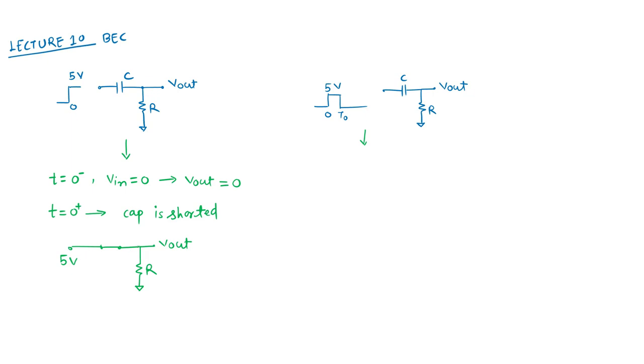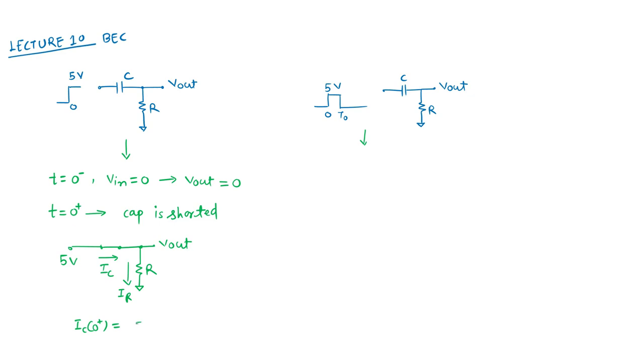Okay. So this 5 volt is directly coming to the output, and the current in the capacitor, or I should say the same current flowing through the resistor, IC or IR, they are the same. What is the current IC at 0 positive?